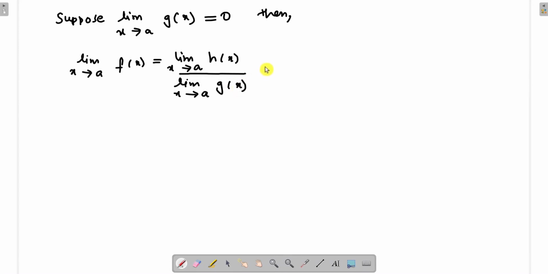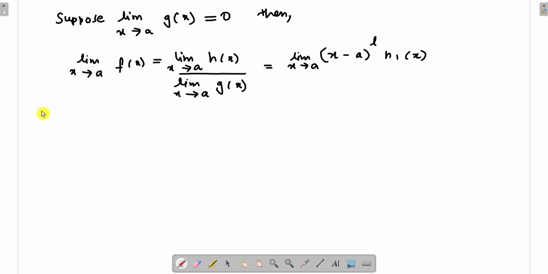Now what you have to do here is write hx in terms of two functions. So we have to write hx as x minus a raised to l multiplied by h1x.